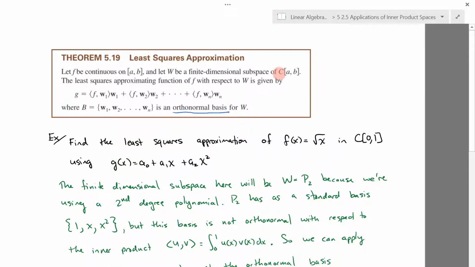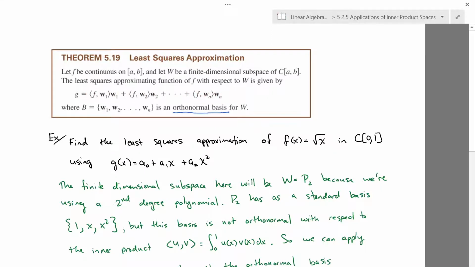Remember that this vector space is infinite dimensional. So we want to take a finite dimensional subspace, have an orthonormal basis for it, and once we have the orthonormal basis, we just write the approximating function in terms of the orthonormal basis in this way.